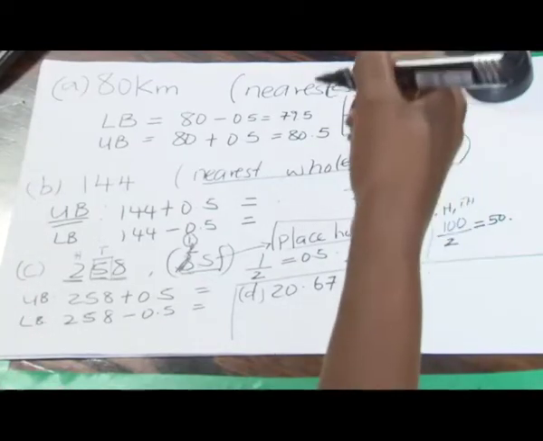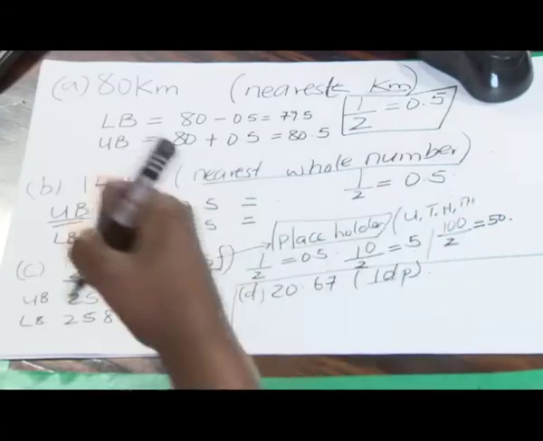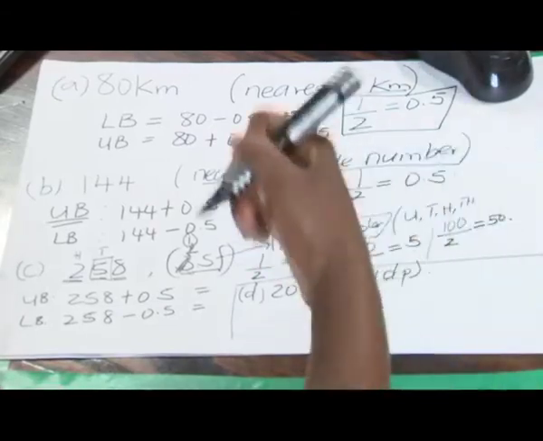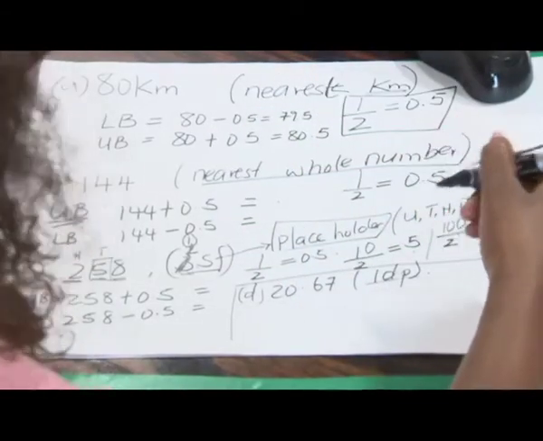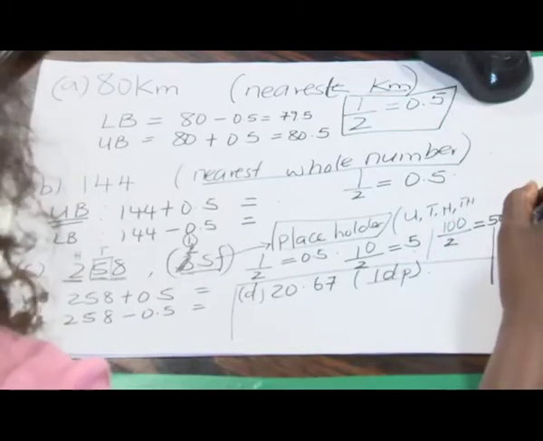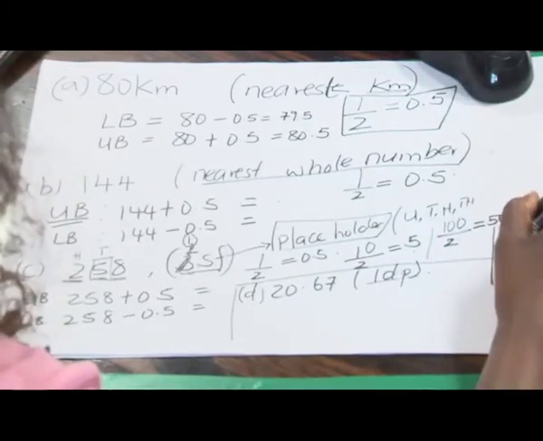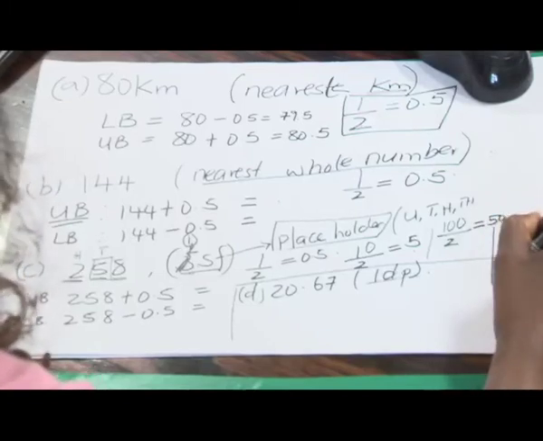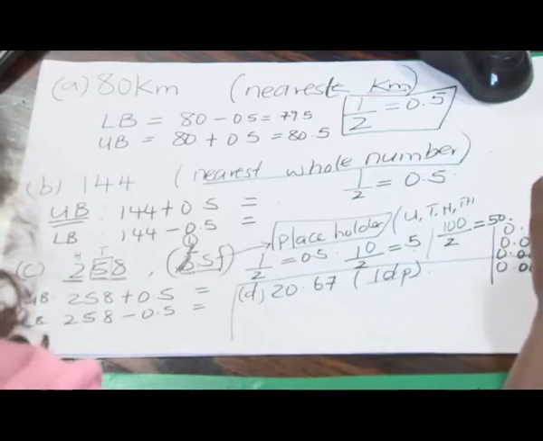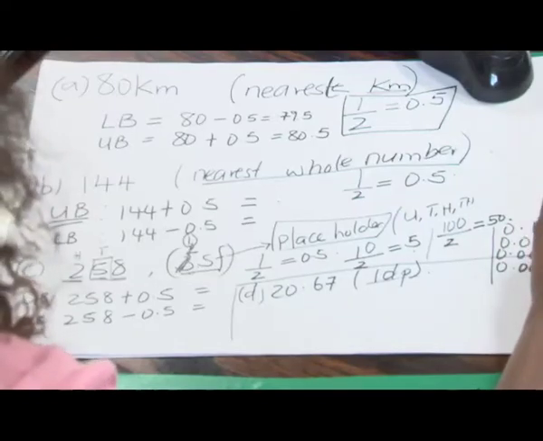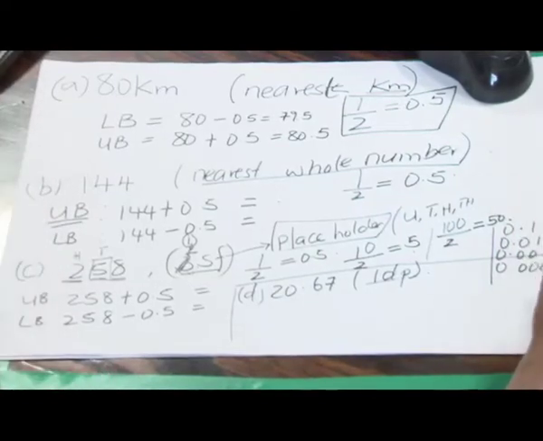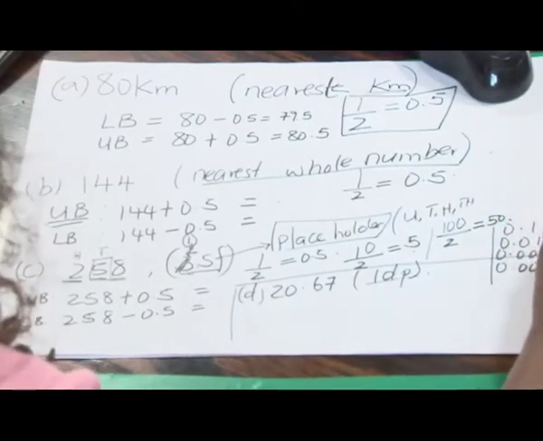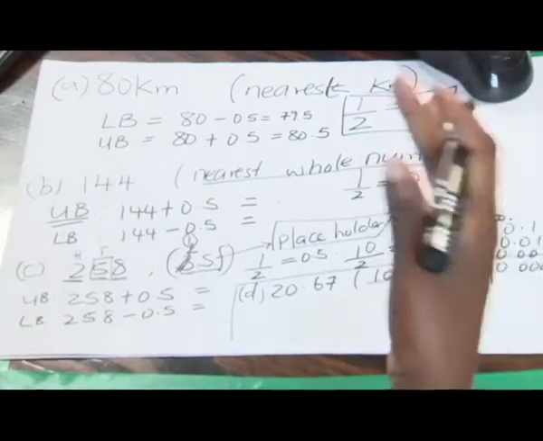But then for decimal places, you should know that we are now talking about numbers after the decimal point. Numbers after the decimal point are fractions, whereby the first one is 0.1, 0.01, 0.001, 0.0001. If it's 1 decimal place, we take 0.1 and divide it by 2. If it's 2 decimal places, then we use 0.01 and so on.